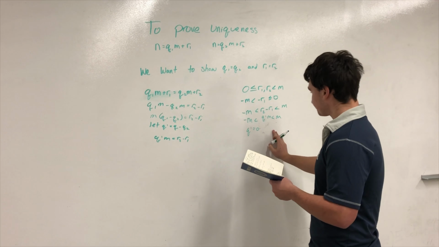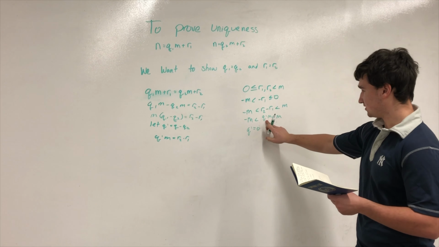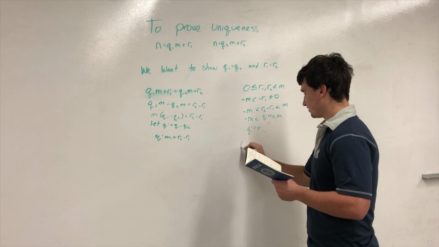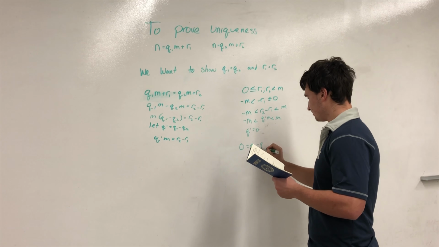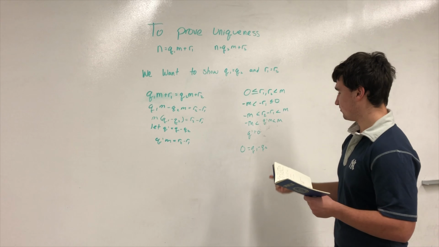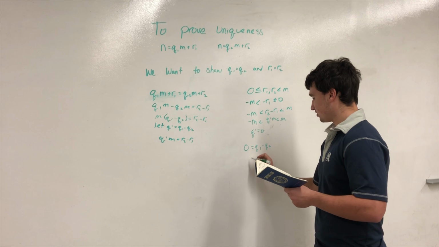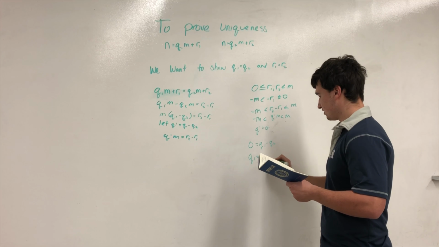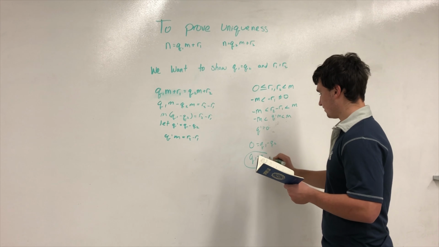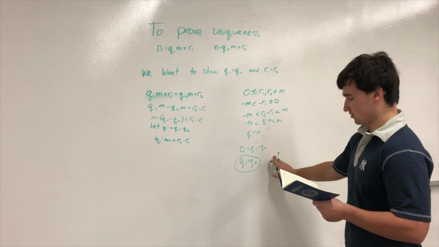And so now we can see that that all goes to 0, and so we have 0 equals q1 minus q2. And now after moving around the variables, we can get q1 equals q2, showing that this part of the proof is true.